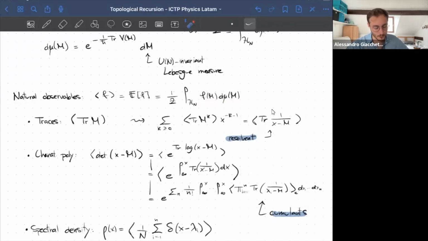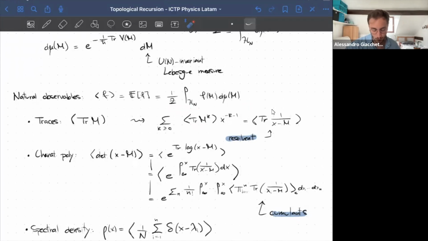And so the most natural observables that you can think of have to be conjugation invariant. So the most natural one is probably the trace, right? The function trace of M is the most natural thing you can try to compute here. And more generally, you can try to compute trace of products of powers of M.